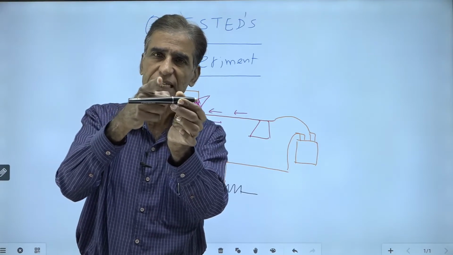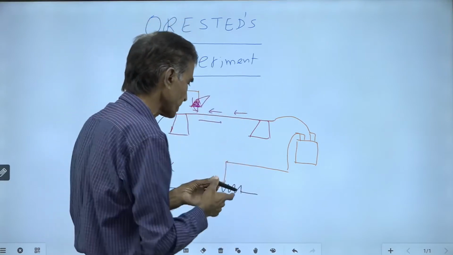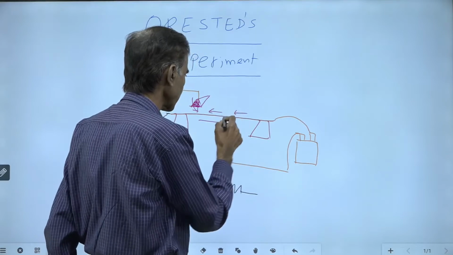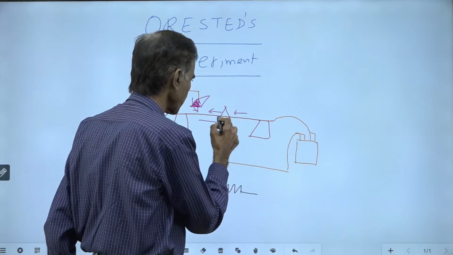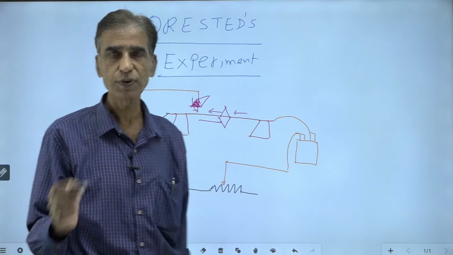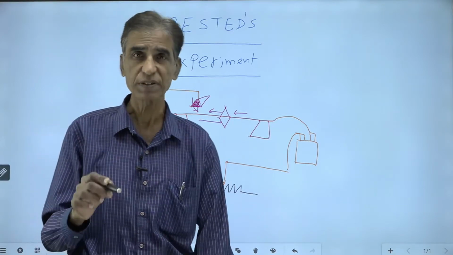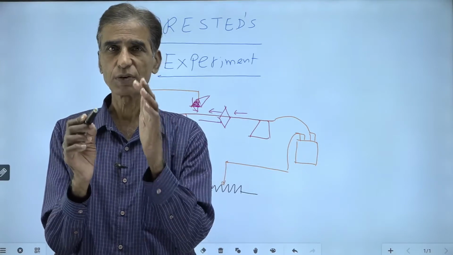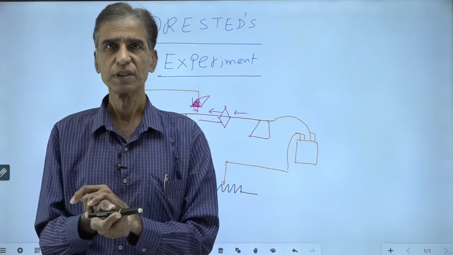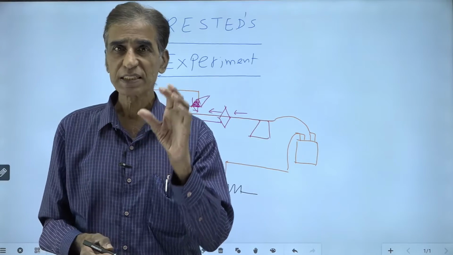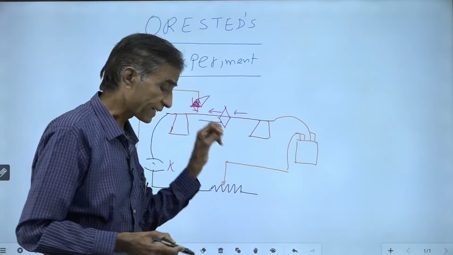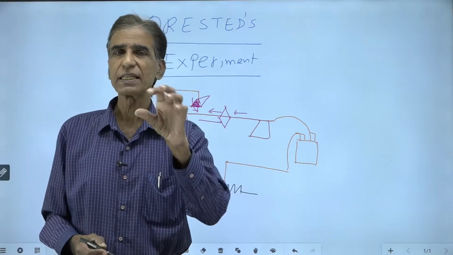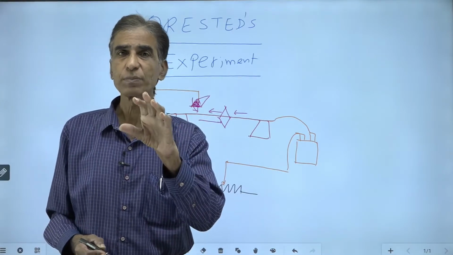Suppose this is the plane, the needle is coming like this, perpendicular to the direction of the flow of the current. That is the second important point that Oersted observed.